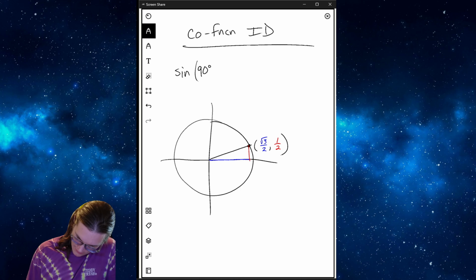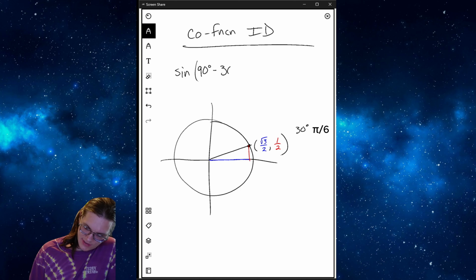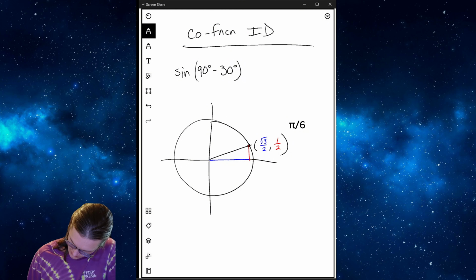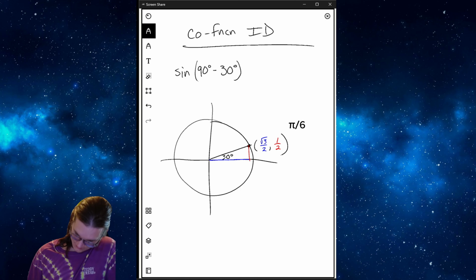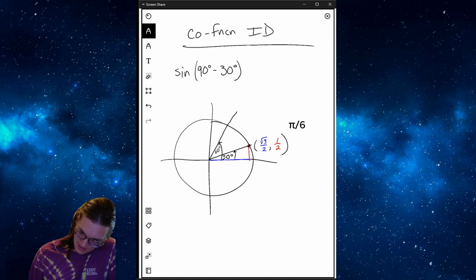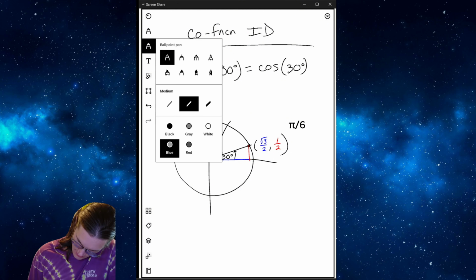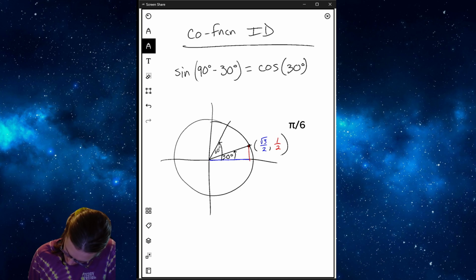If you subtract your angle, which is just 30 degrees here, pi over 6, from 90, so the co-angle, the co-function, if this is pi over 6, 30 degrees, if you subtract the angle from 90, you end up with this 60, and that's going to be the same as cosine of your original angle, which you can see is true right here, because now our x is short and our y is long. So now these are our coordinates.